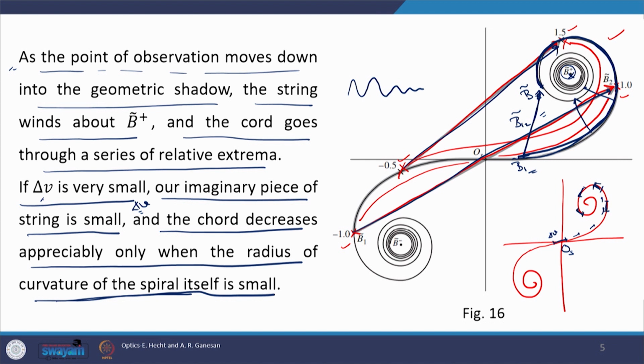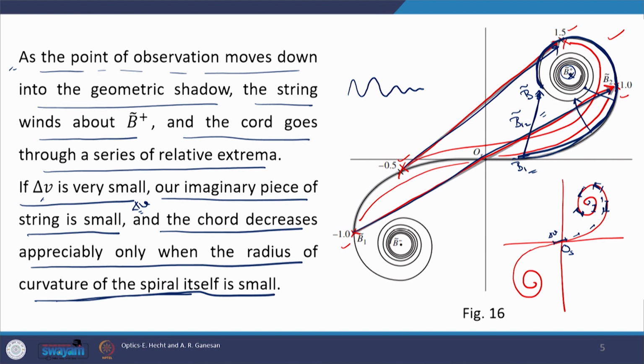If the point of observation is going down slowly, then you will see that if the chord length is very small, then the resultant phasor or resultant irradiance is not decaying as the point of observation is moved down.